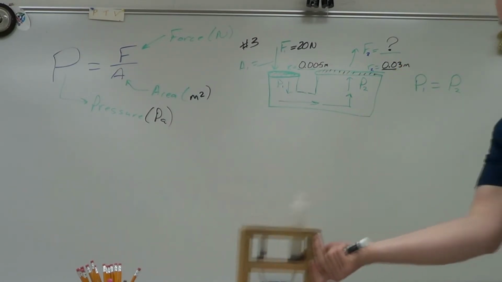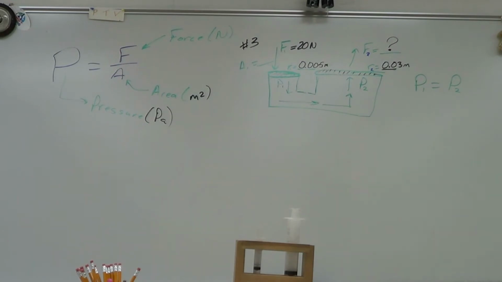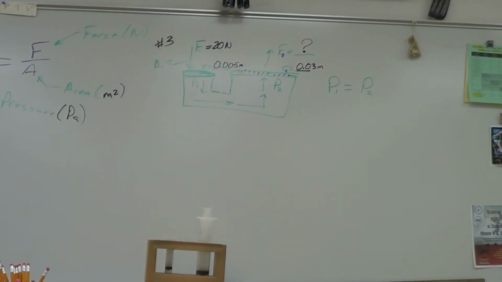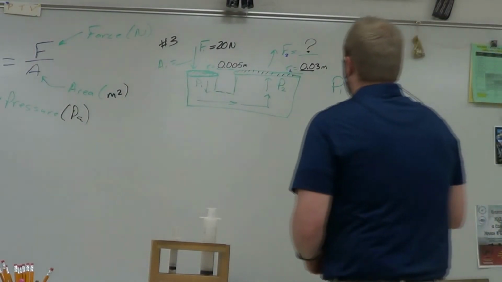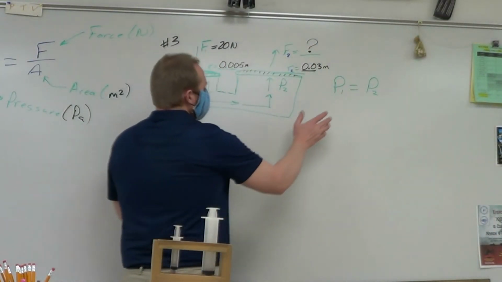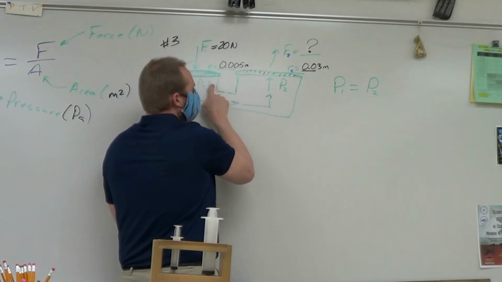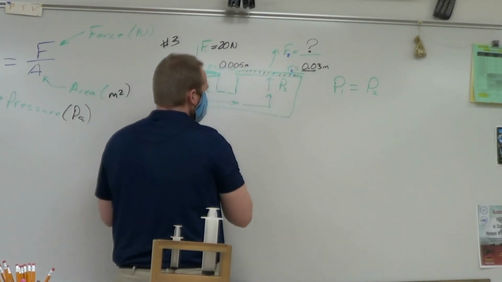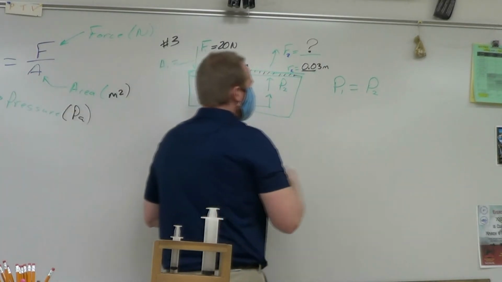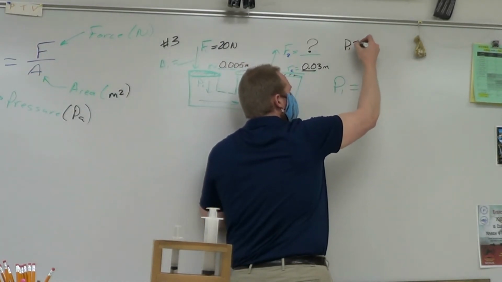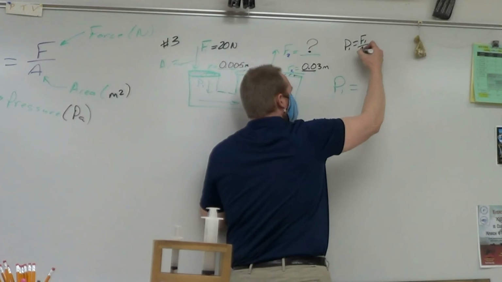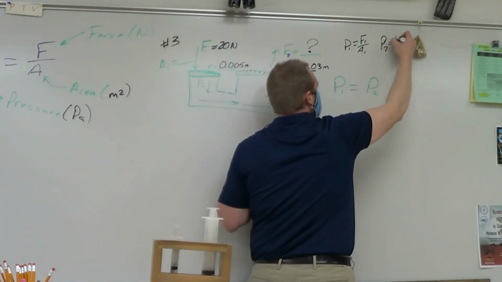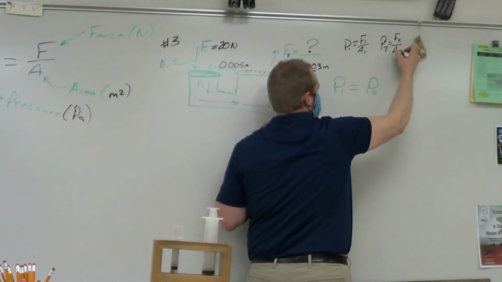But that's the idea. So we're going from a small cylinder to a large cylinder. Now, if my pressure here is equal to my pressure here, remember P is equal to F divided by A, so P1 is equal to F1 divided by A1, and P2 would be F2 divided by A2.